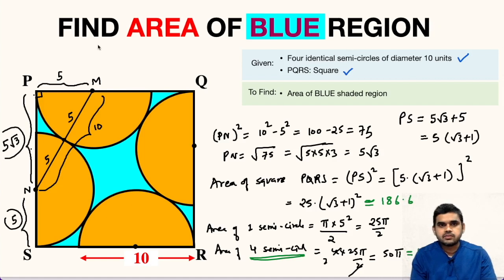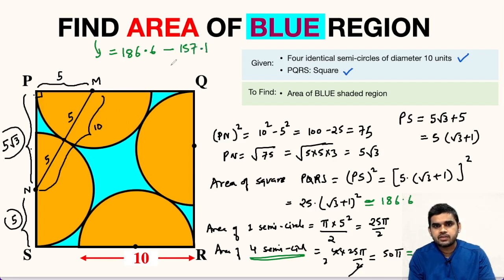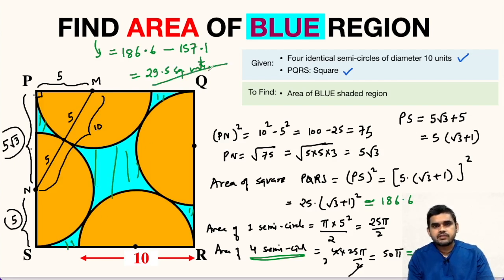So the area of the blue region will be equal to the area of the square, that is 186.6, minus the area of the 4 semicircles, which is 157.1. So this will give us 29.5 square units. So the area of this blue shaded region will be 29.5 square units.